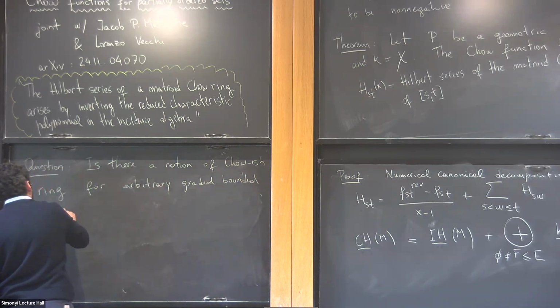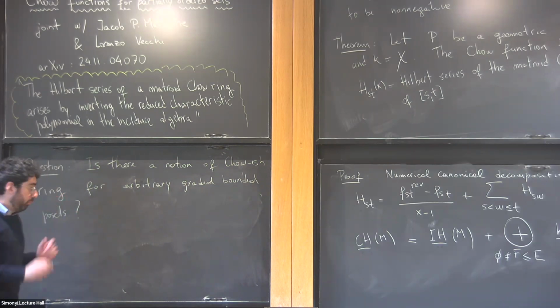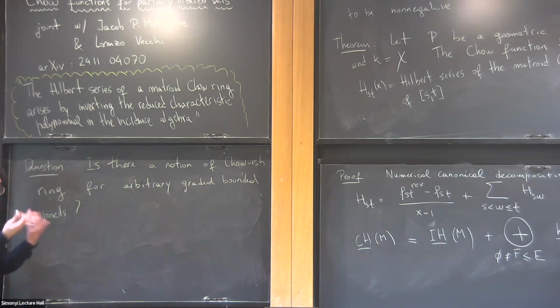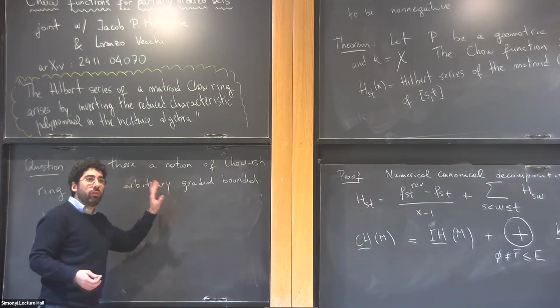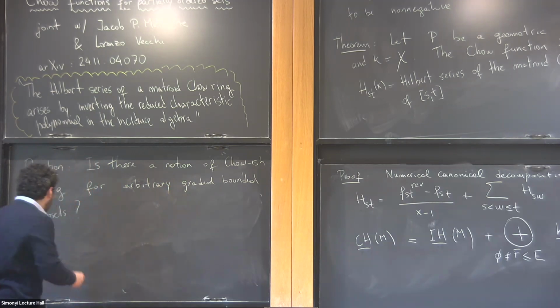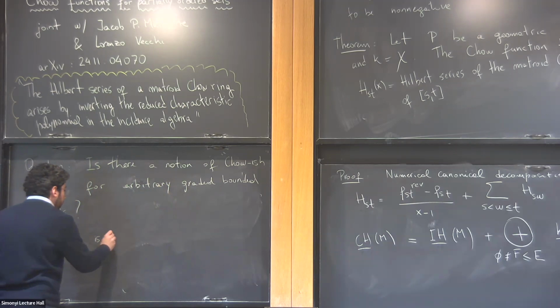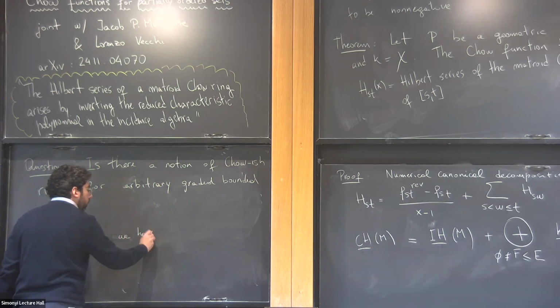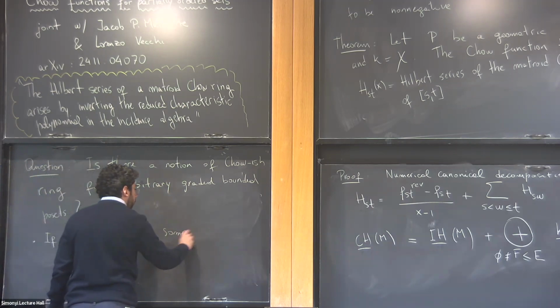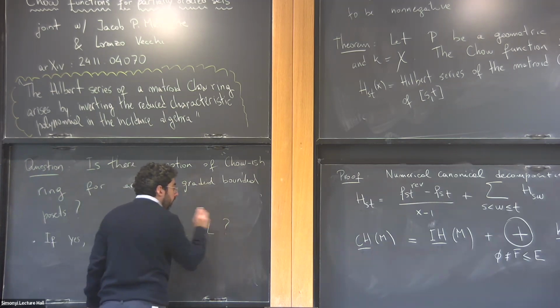So if something like this exists, you expect maybe that this has to satisfy some version of hard Lefschetz. So if yes, do we have some hard Lefschetz for this Chowish ring?